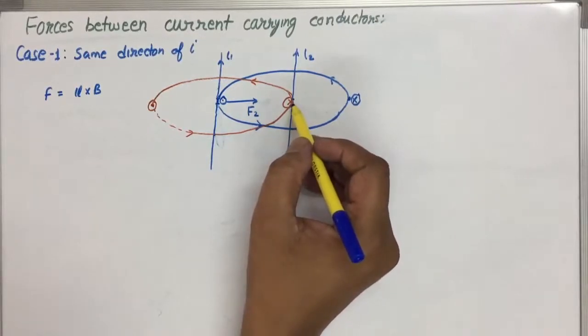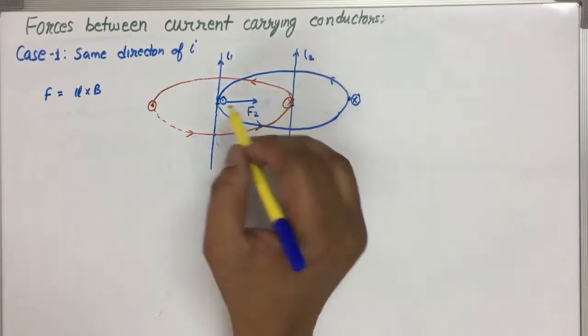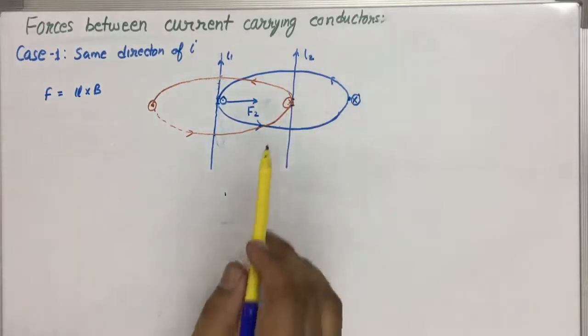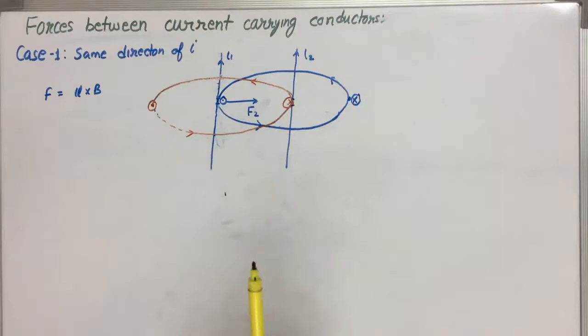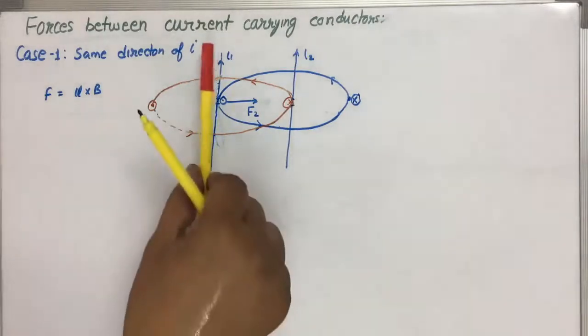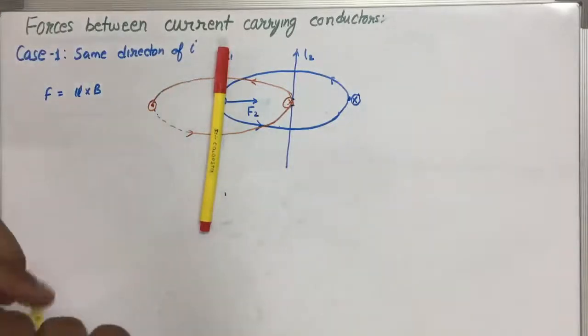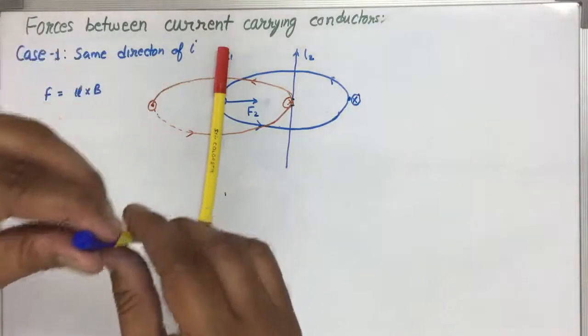Why are we interested in this? Because this is the charge I dl, that is a moving charge. It will experience a force due to this current. That's why we are interested at this point. And at this point, I dl will be in this direction, in the direction of the current, and the field will be downward.